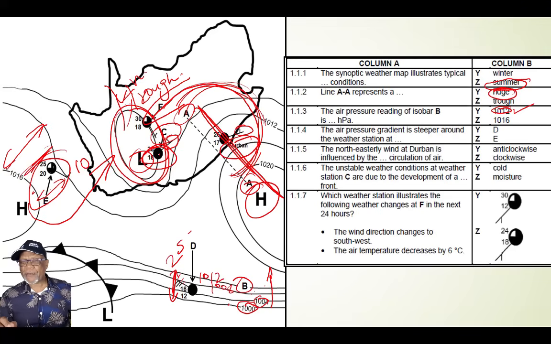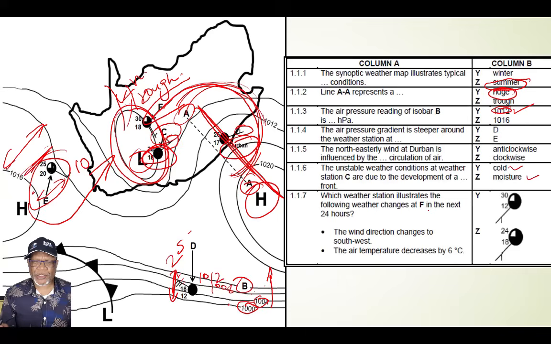And after clouds, precipitation. Now, the question is, the unstable weather conditions at weather station C are due to the development of what front? Is it a cold front or a moisture front? So it is due to a moisture front. And then they say here, which weather station illustrates the following weather changes at F?